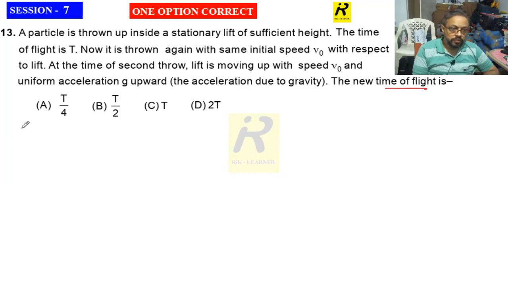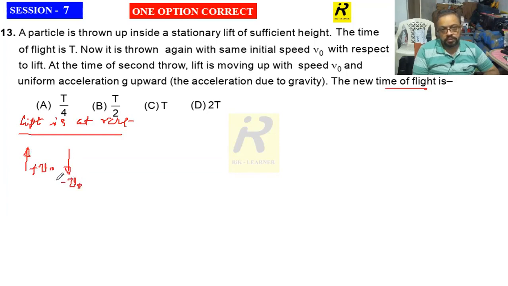Okay, so when the lift is at rest, in this situation, what we can think is, when the stone moves up with velocity plus V0, it again comes down to the same point with velocity V0 but negative in direction, that is opposite.